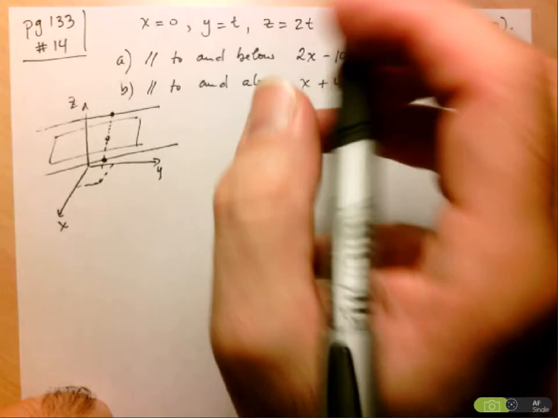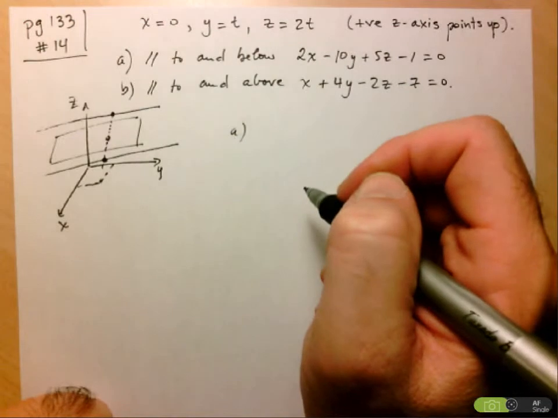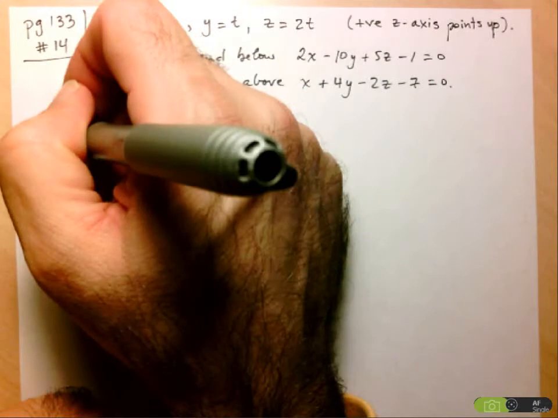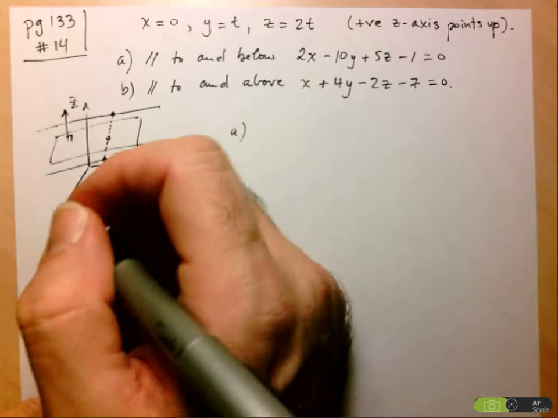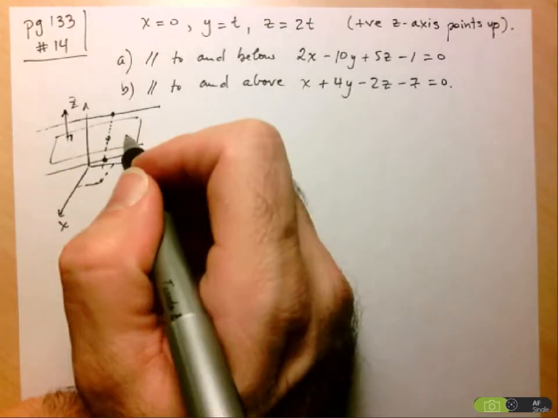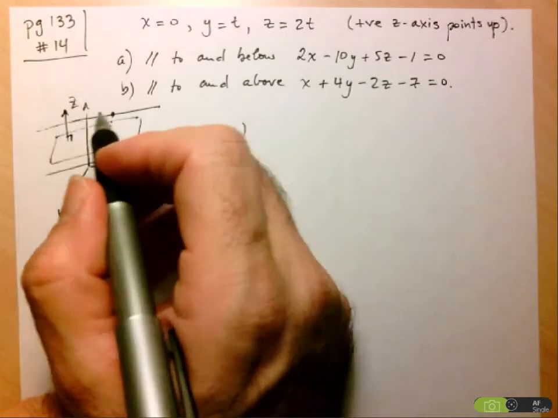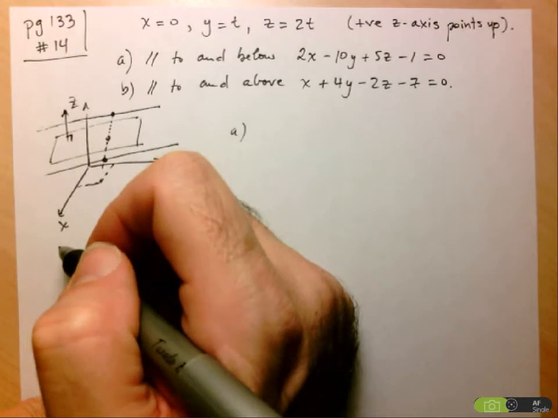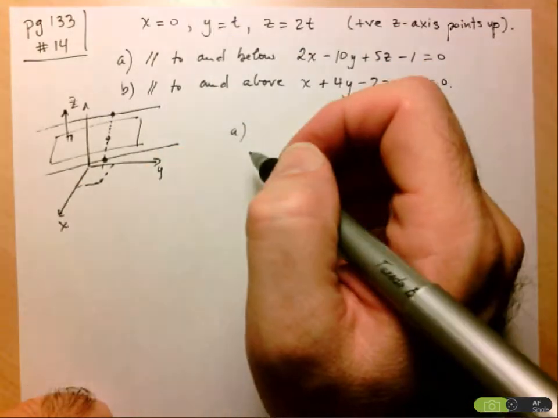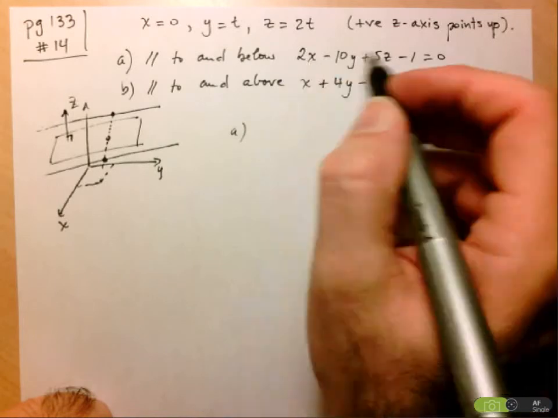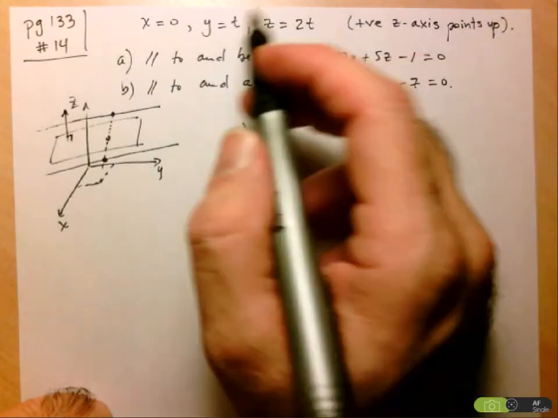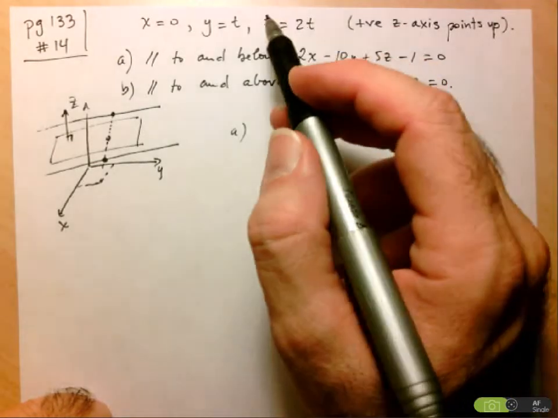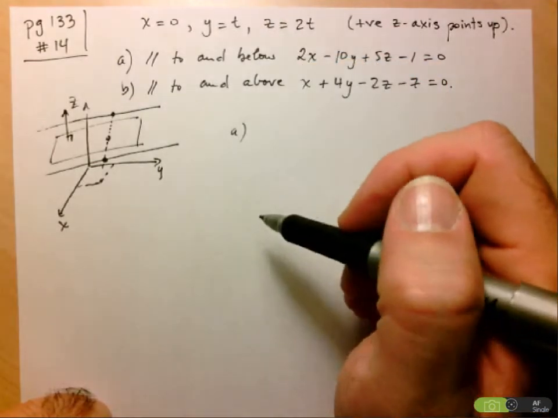So first thing we'll do in A is show that they are indeed parallel to each other. And here we'll use the fact that if the normal, which is perpendicular to the plane, is also perpendicular to the line's direction vector, then the plane and the line must be parallel. So let's start by taking the normal vector from the plane and show that it's perpendicular to the direction vector of the line.